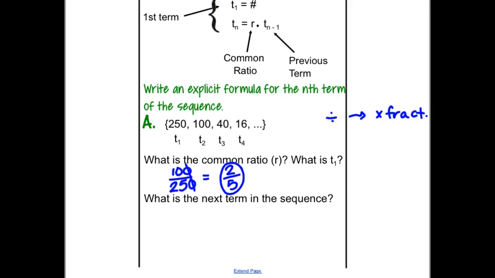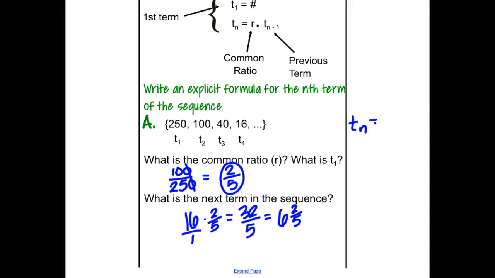Then to find the next term in the sequence, I'm going to take 16 times 2/5. 16 times 2 is 32 over 5, which you could also change to 6 and 2/5, or 6.4. For the formula, we need term 1, which is 250, and then r, which we established is 2/5, to the n minus 1 power.